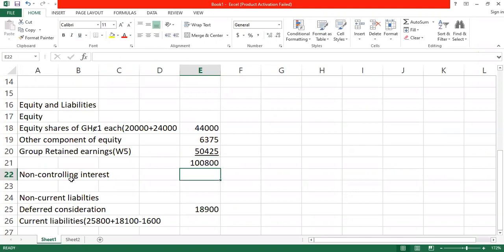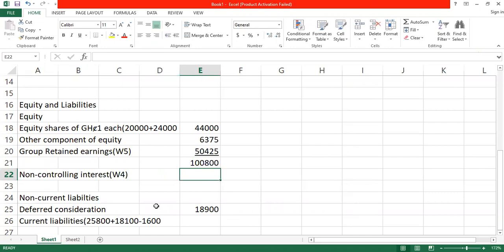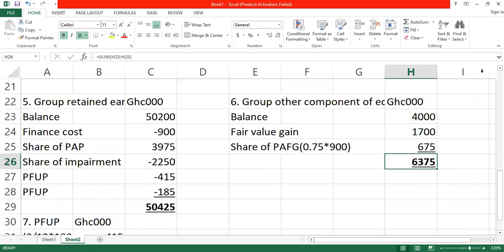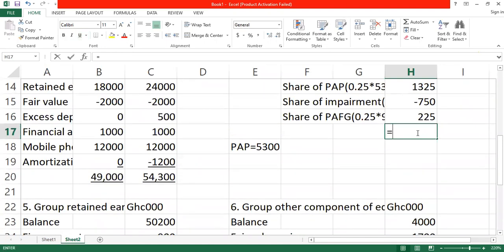Okay, let's find the non-controlling interest, which is workings 4. Non-controlling interest will give us a sum.